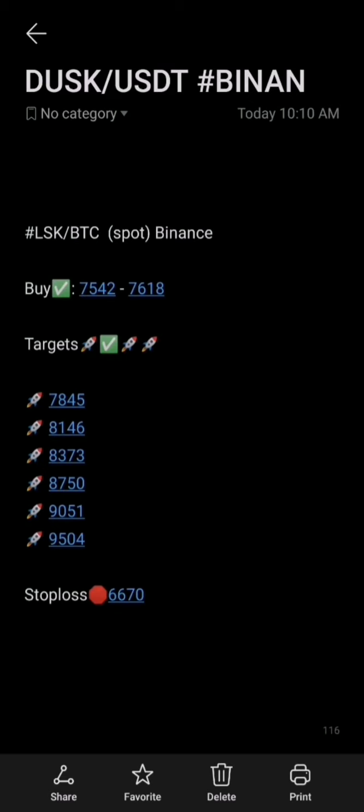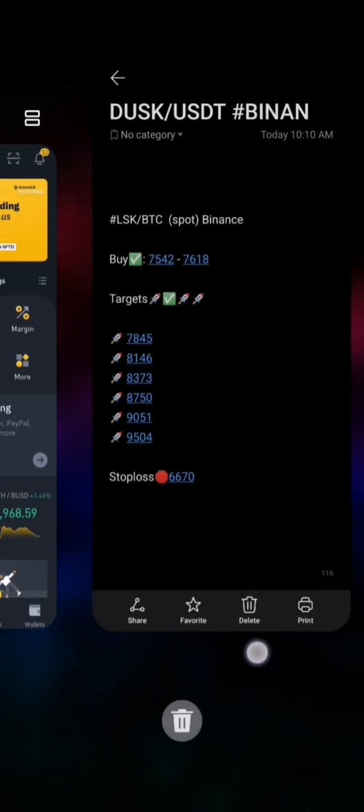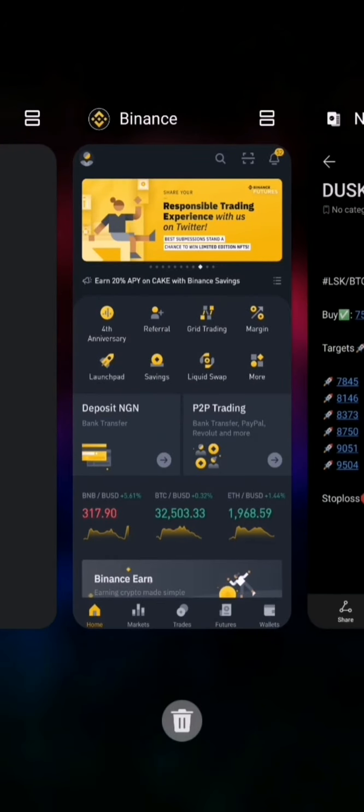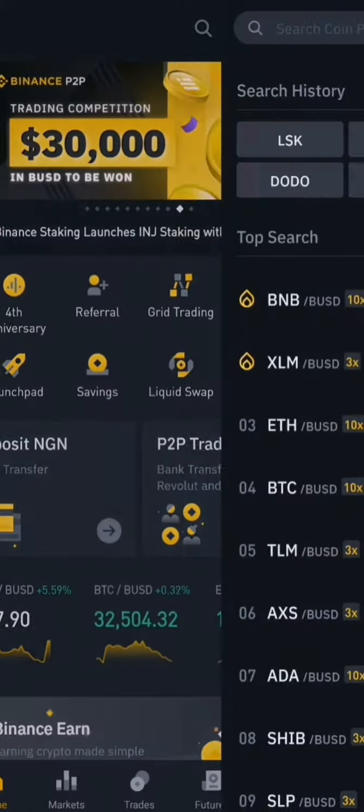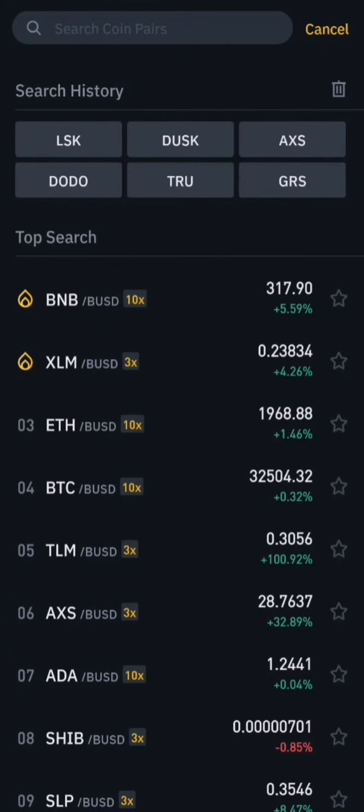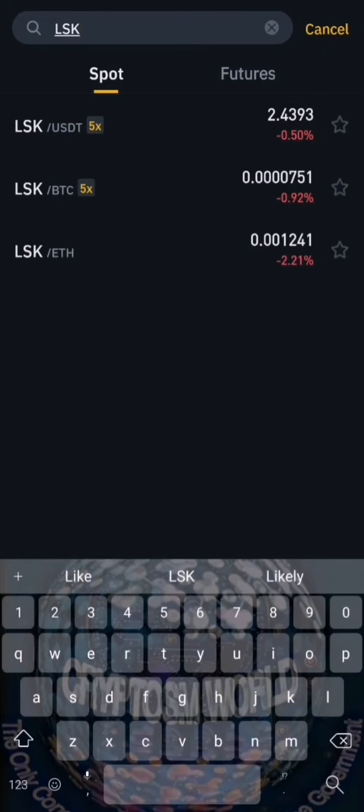Let's say I'm that greedy one and I want to sell my LSK at the price of 8373 because I want to make a higher profit. So I come here, click on search, and it's already installed here. Then I see LSK and click on BTC.